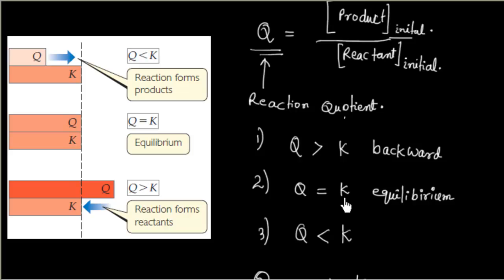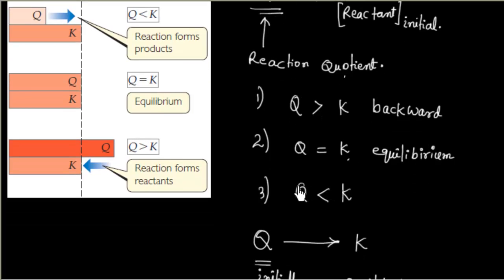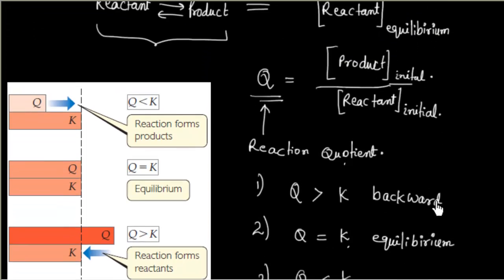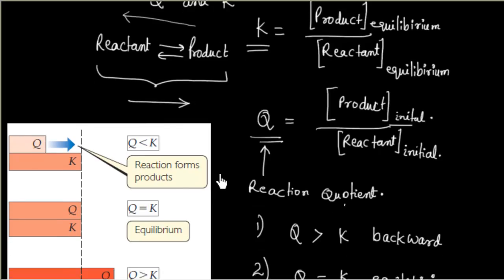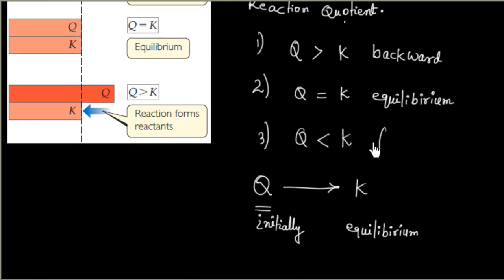So we have to reach K. Q is smaller, so we have to increase Q so that it becomes equal to K. To increase Q we have only one option, that is, increase the concentration of product or decrease the concentration of reactant. That is, the reaction has to go in the forward direction.